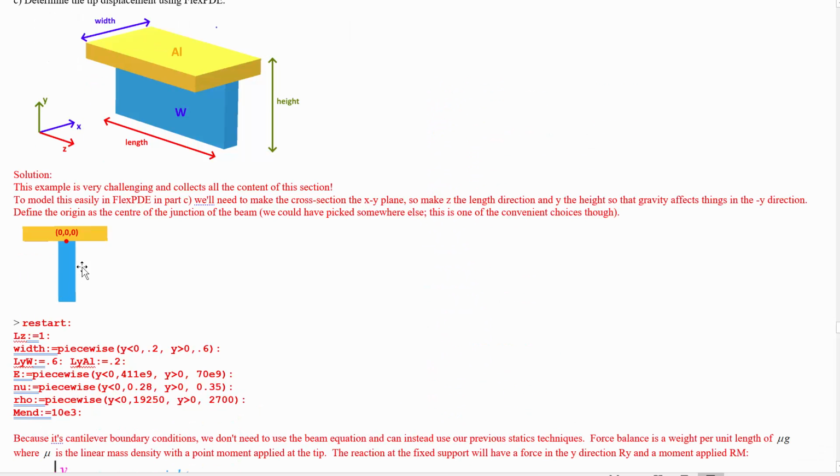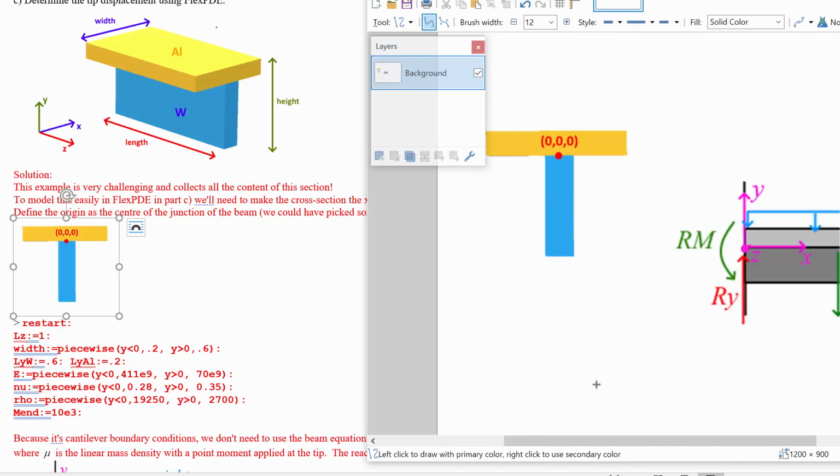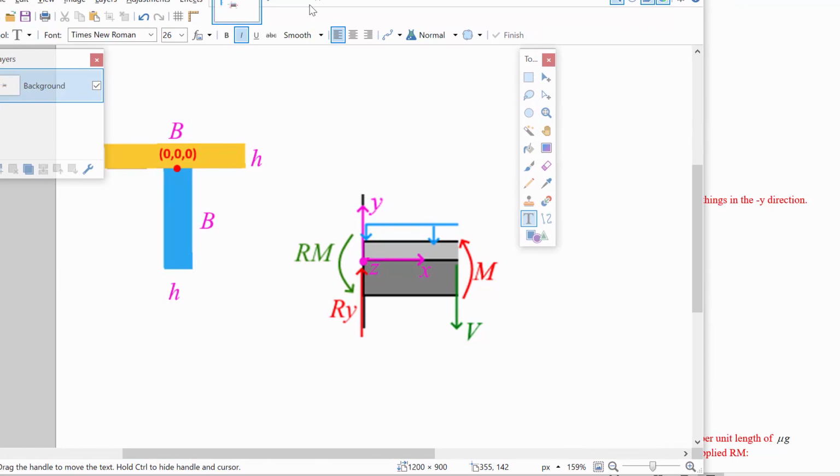So let's suppose that we label this thing H and B. Then this will be H, and this thing will be B. So in FlexPDE, the one that we're going to do here, this is our thickness H, and this is B, and this is H, and this is B. Using that, we can find some coordinates.